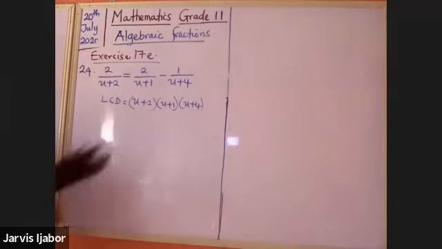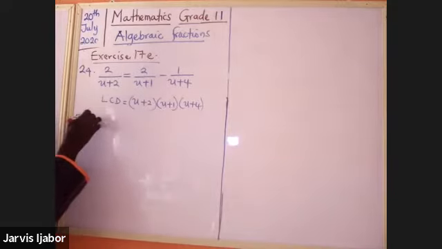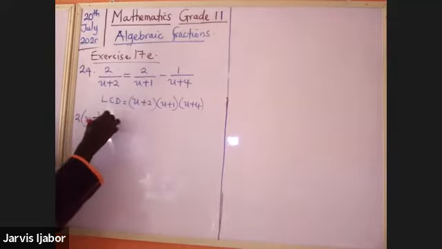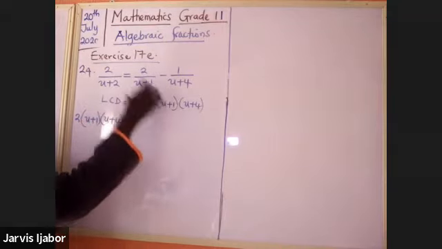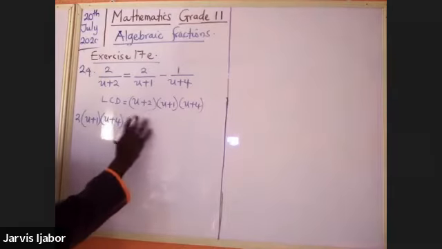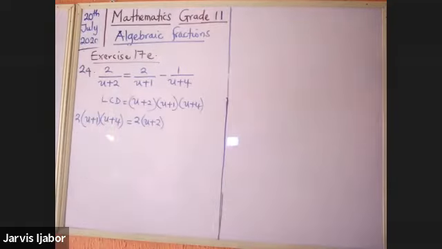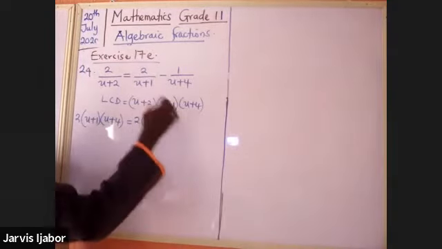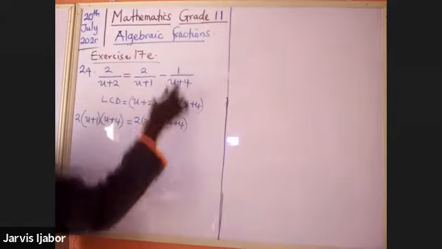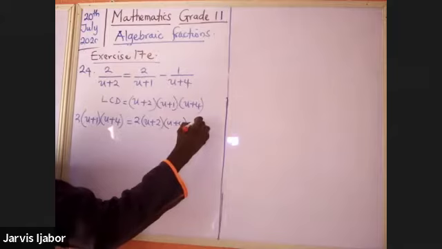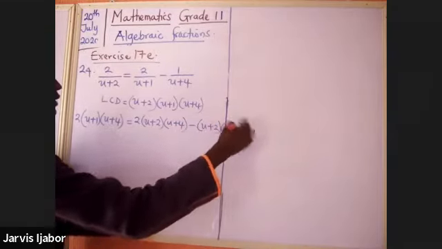Then the next thing, you apply this divided by this will leave you with 2 into u plus 1 into u plus 4 equal to, apply this here, this will be 2 into u plus 2 into u plus 4, and then apply this one here will be minus u plus 2 into u plus 1.